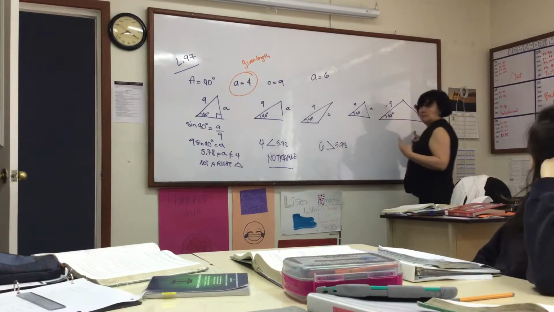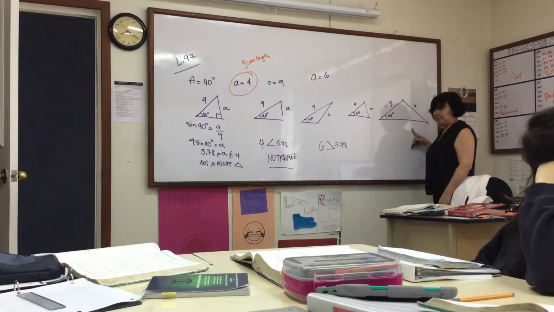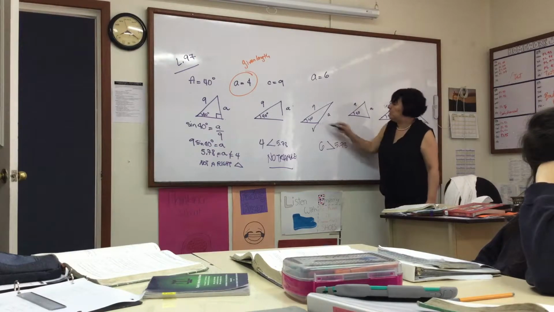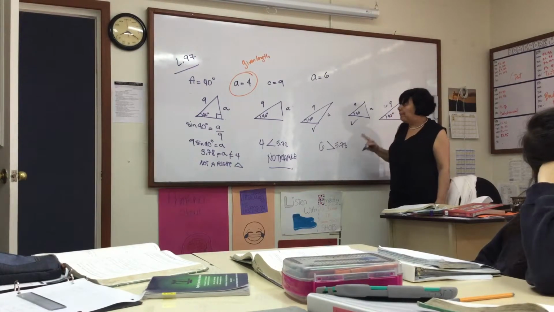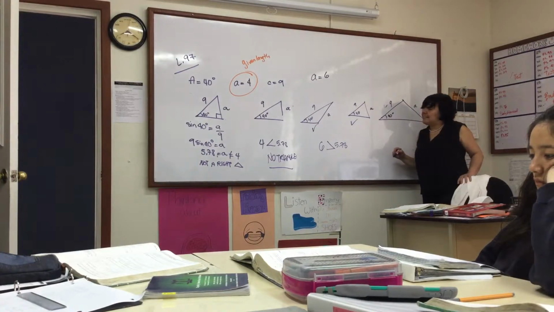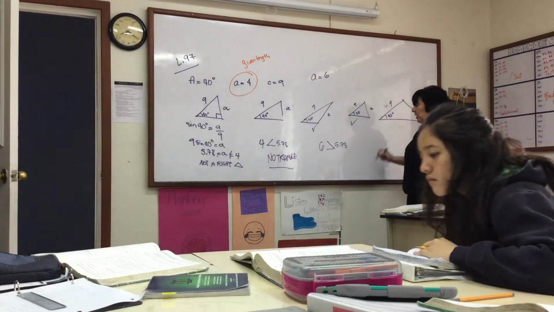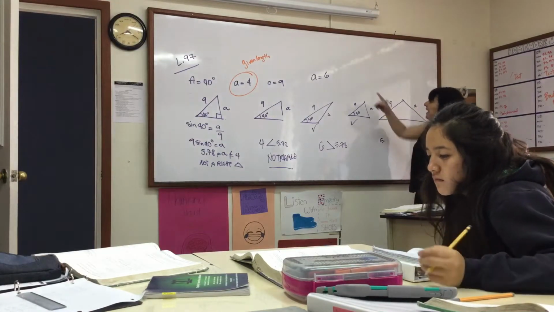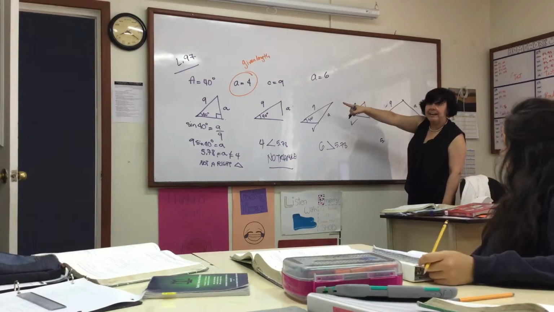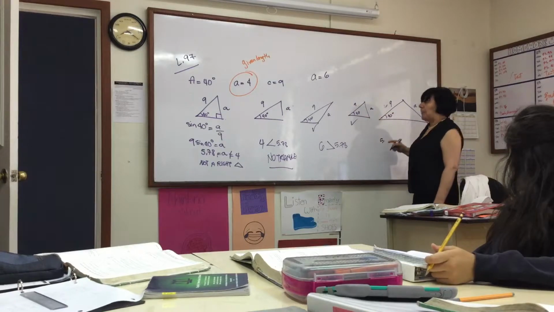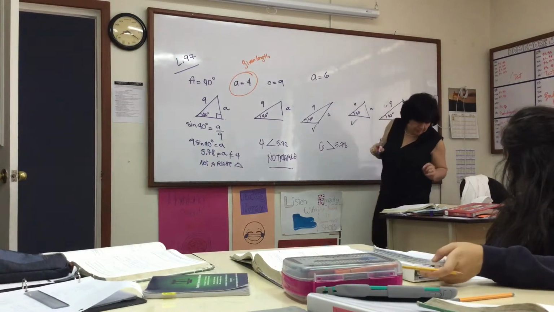It could be all of these. If it's greater than 5.78, it's either this one or this one. But if it's greater than 5.78, which we got over there, but less than the largest side, then it is, okay.